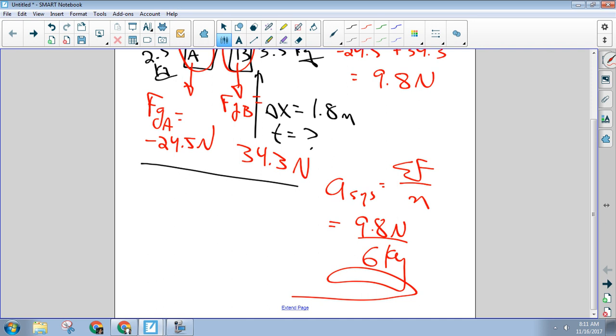Follow? So divide all of that out, and we find that the acceleration of the system turns out to be like 1.62 or 1.63? 1.63, thank you. Meters per second squared. All right. Everybody happy on that? Anybody confused? I did that pretty quickly. We're good?